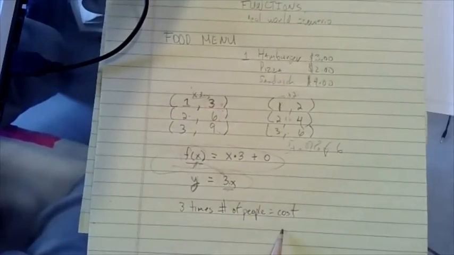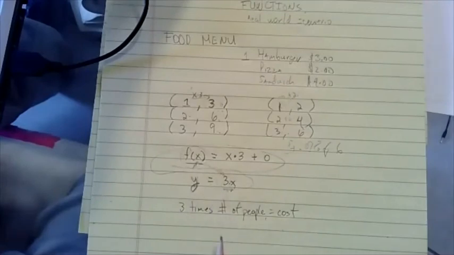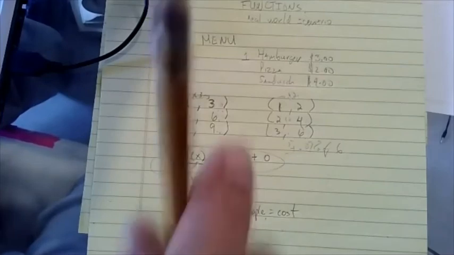That's how you would think of it. But if you write it out mathematically, this is how you would write it. So therefore, that's how we turn a real world scenario into a math problem, okay? You sort of take the situation and you put it into a predefined formula, okay? That is the end of the lesson.